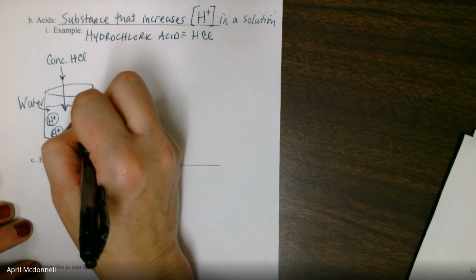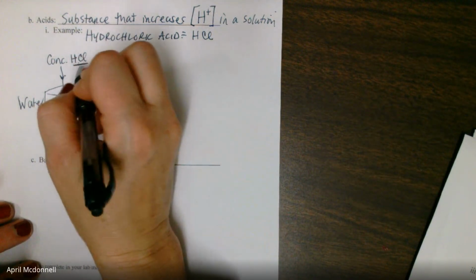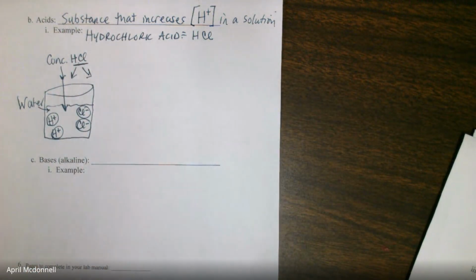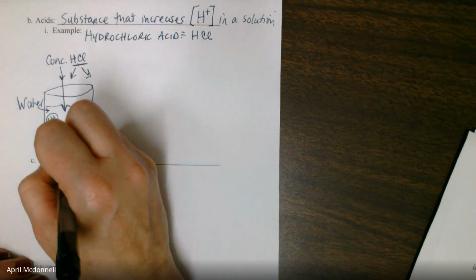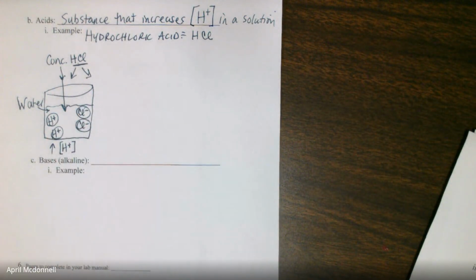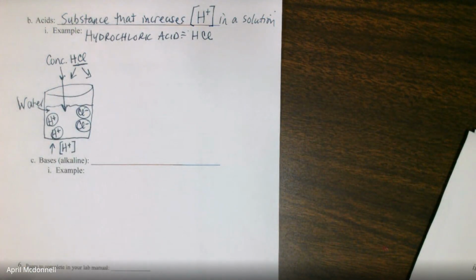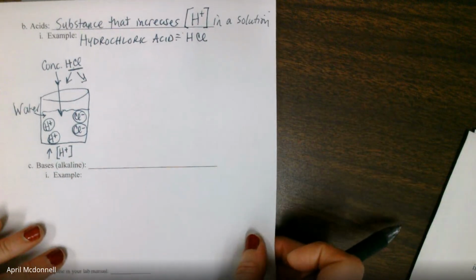And there will also be some chloride ions. So notice that hydrochloric acid broke apart. The hydrogen separated from the chloride ions. So therefore, I have increased the concentration of hydrogen ions in this solution, and that is what the definition of an acid is.